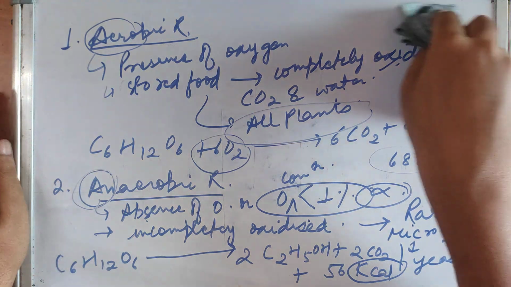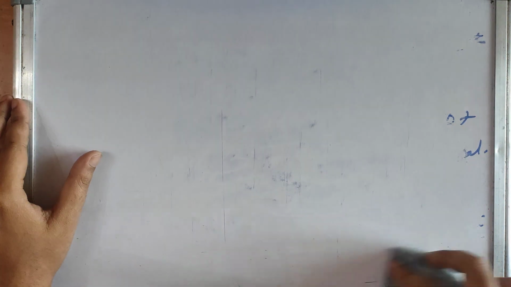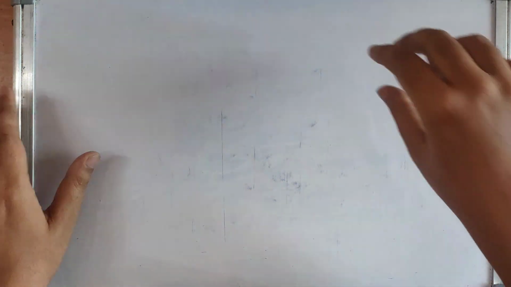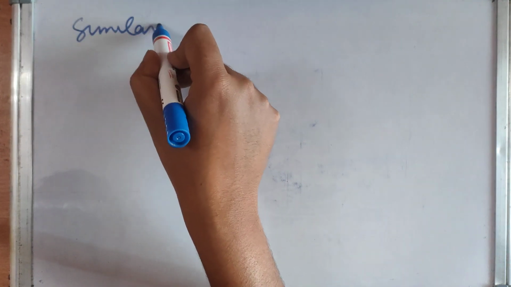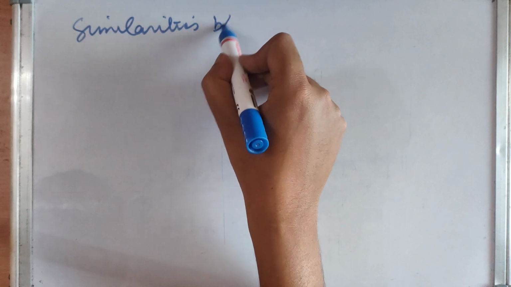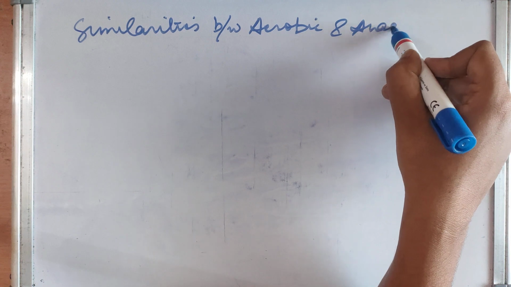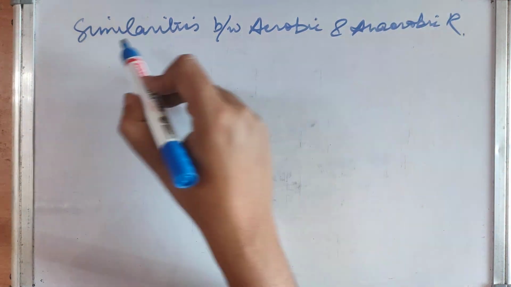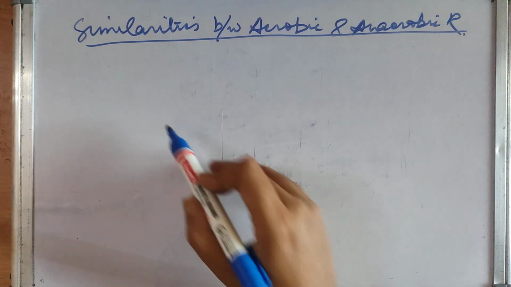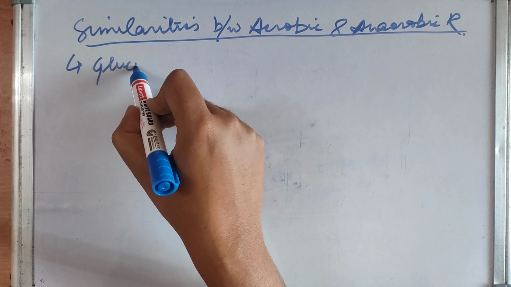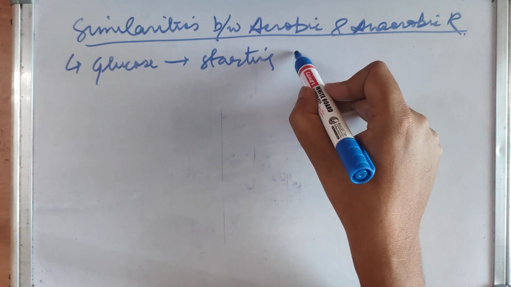Now, what are the similarities? It was asked in previous year questions, so you must know some similarities between aerobic and anaerobic respiration. First of all, they both use glucose as the starting molecule, or you can say substrate.